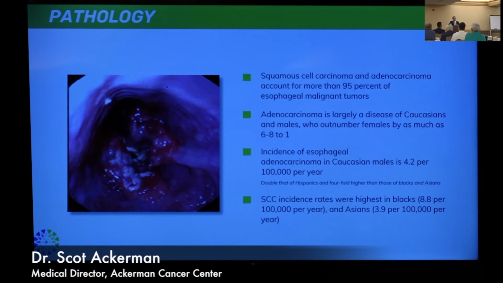The way to remember squamous cell and adenocarcinoma: squamous cell is usually the upper esophagus, adenocarcinoma is usually the lower esophagus. Adenocarcinoma is a disease of white men primarily, and men outnumber women in adenocarcinoma of the distal esophagus by 6 to 8 to 1. Adenocarcinoma is usually associated with Barrett's or esophageal reflux disease.